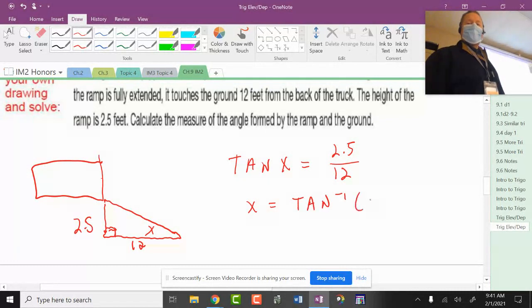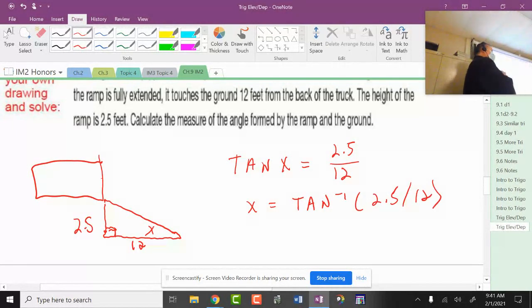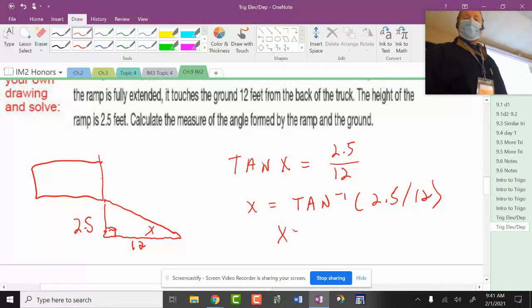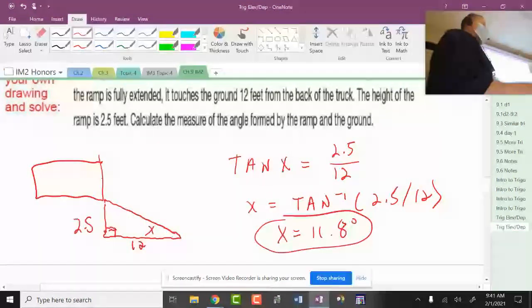What I'm writing right here is exactly what you should have written. Maybe you don't have to write the middle part, but at least the top part, and then the answer. And then if you have the right answer, I know you typed the right thing. What's the answer for this one? 11.8? And then it is degrees. Okay?